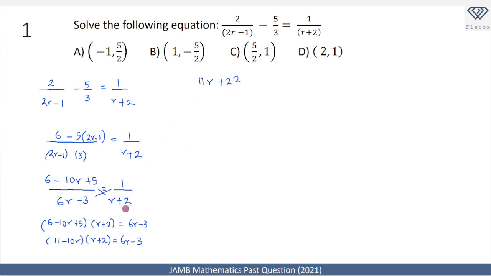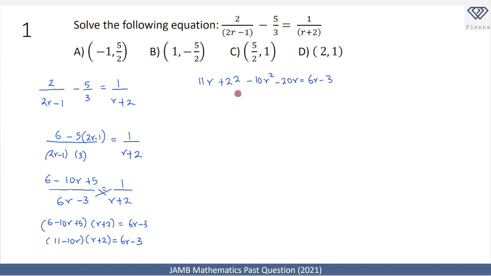Then we have minus 10r times r, which is going to be minus 10r squared, and we have minus 10r times 2, which is going to give us minus 20r is equal to 6r minus 3. Then we collect like terms. To collect like terms, we bring all this to the other side of the equation.